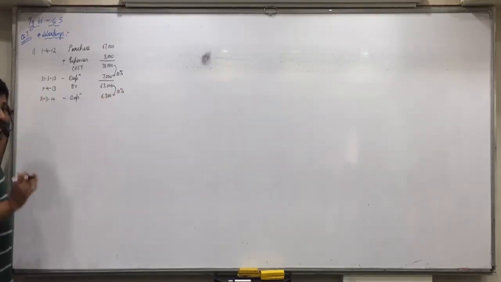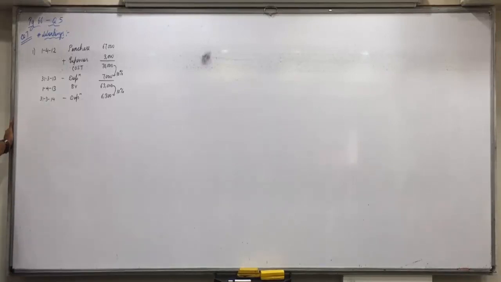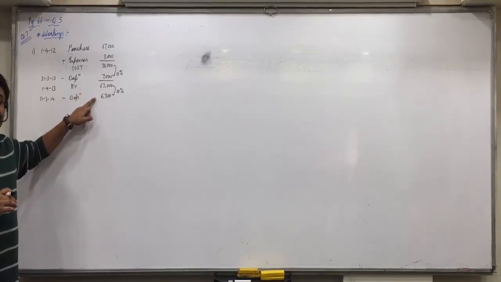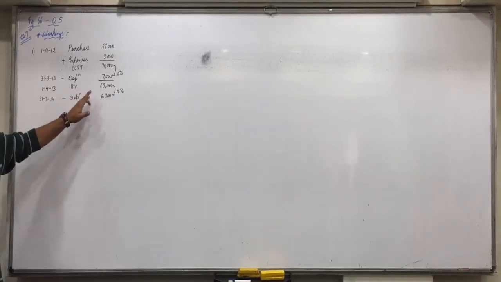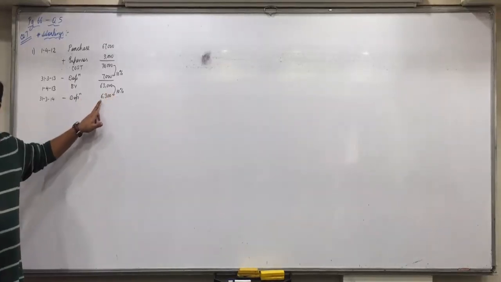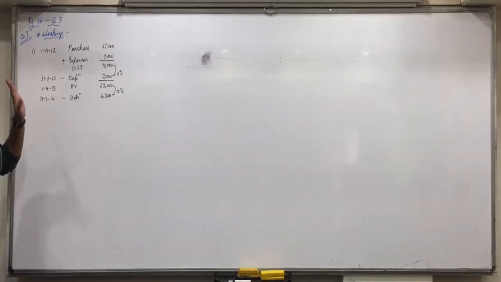Had it been straight line method, then what would we have done? 7,000 itself. If it was straight line method, then again we would have subtracted 7,000, the same amount every year. But reducing balance method, so 63,000 into 10%, 6,300. Raise your hand who did not understand this.